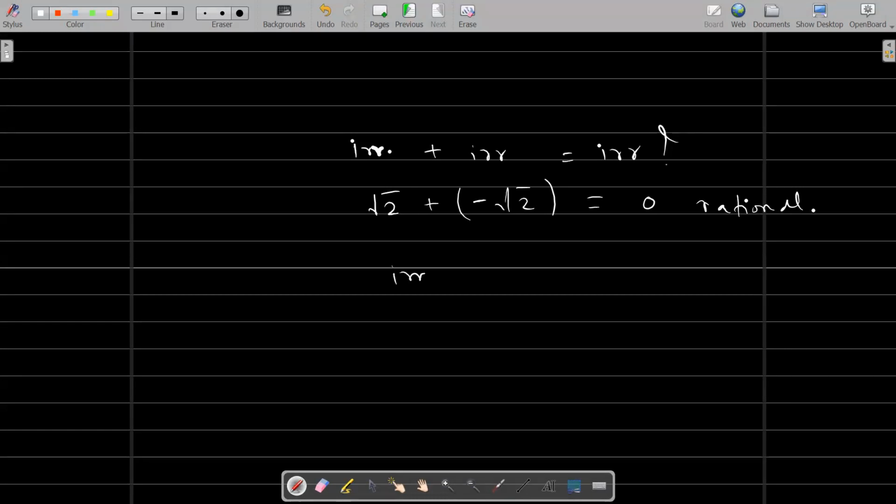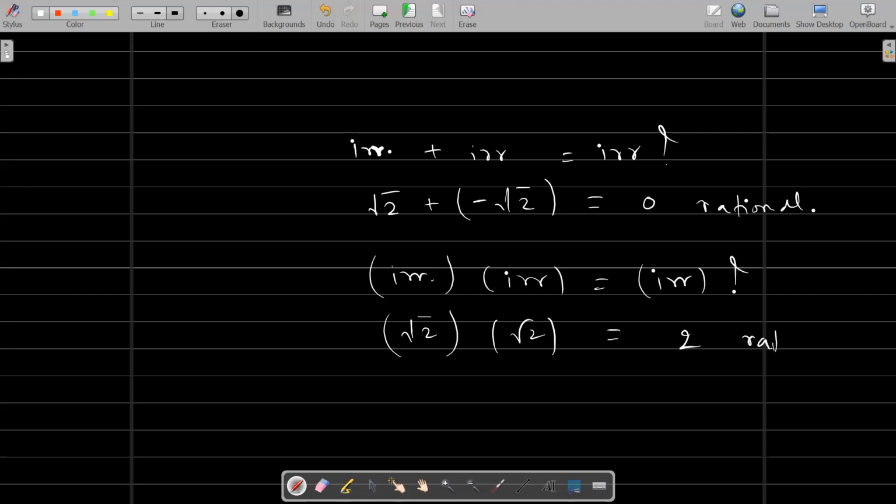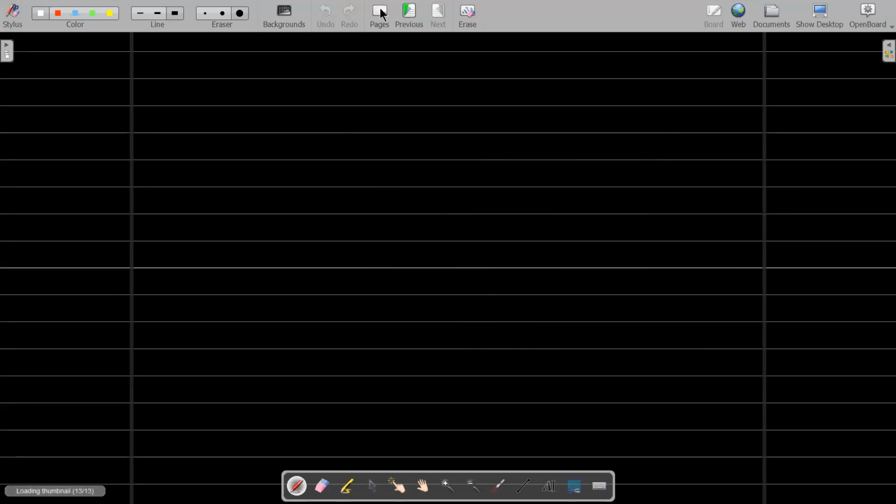What happens with multiplication? Irrational into irrational will be always irrational? No, sir. Root 2 into root 2 is 2, not irrational. So both are irrationals, but the product is 2, which is rational. What happens with power? Because power is not some standard binary operation.